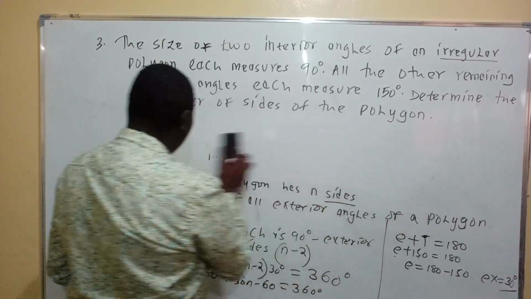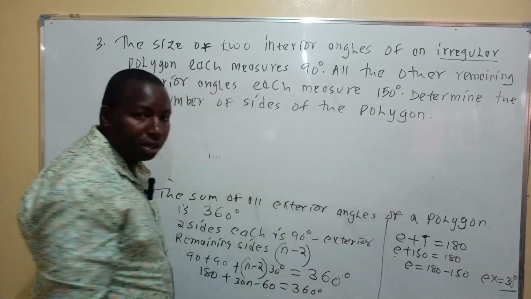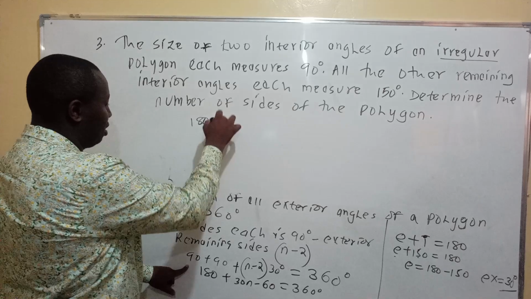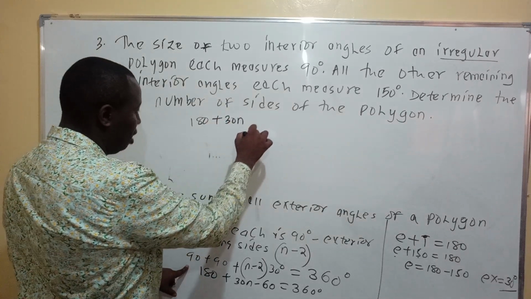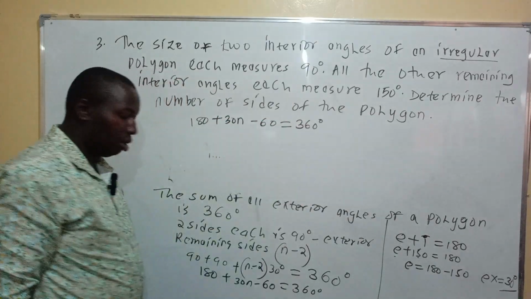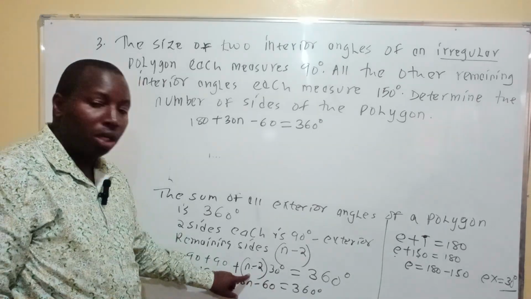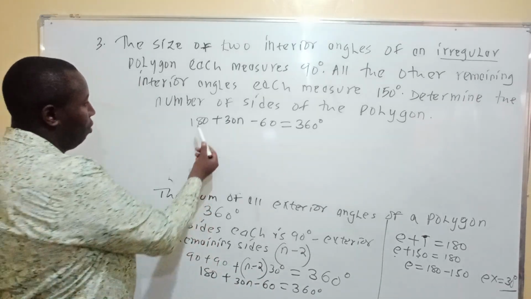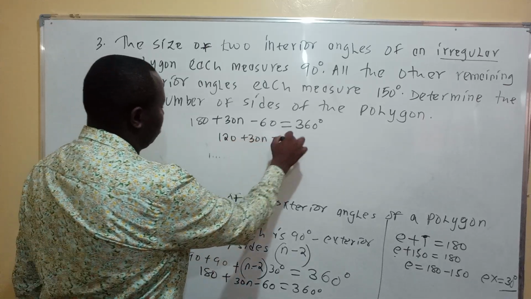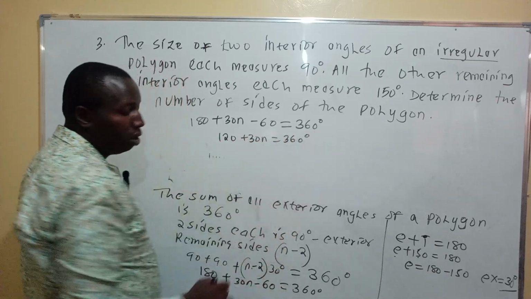So 180 plus 30n minus 60 equals 360 degrees, because you're using this concept. Then 180 minus 60 is 120, plus 30n equals 360.